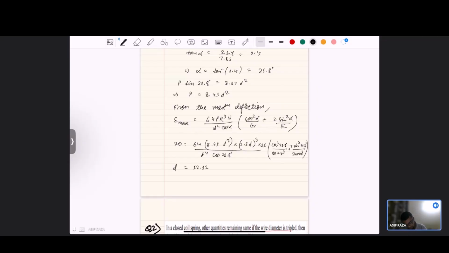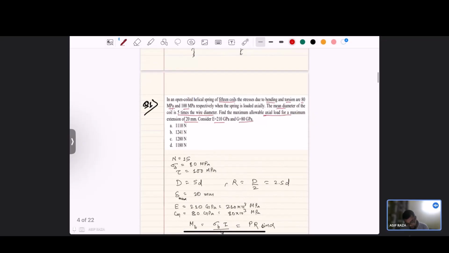Now I can write P as 8.45 d square, that is 8.45 into 12.12 square, and this comes around 1241.25, roughly 1241 Newton.